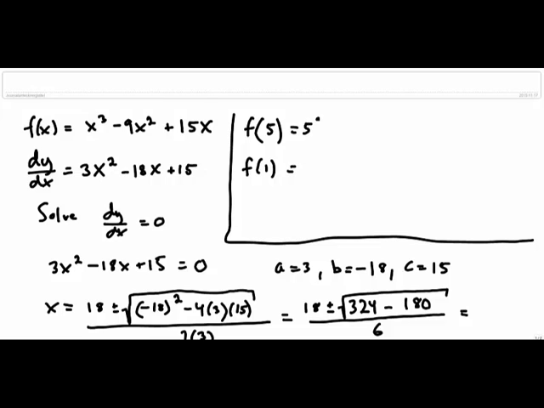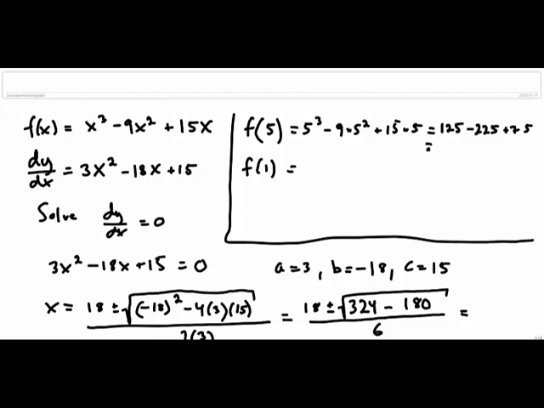f of 5 is equal to 5 cubed minus 9 times 5 squared plus 15 times 5, which is equal to 125 minus 9 times 25. What is 9 times 25? It's 225, and then plus 15 times 5 is plus 75.